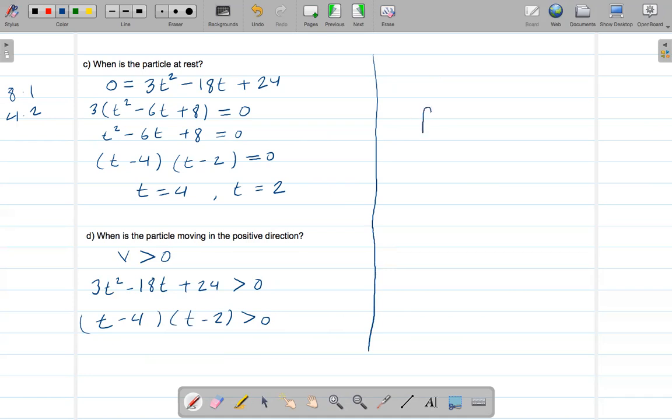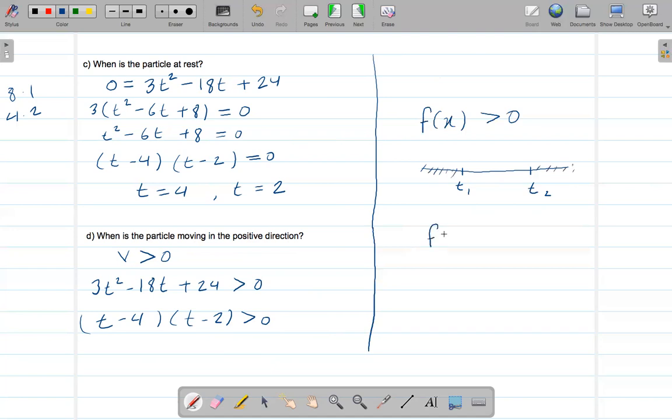When f of x is a quadratic function and f of x is greater than 0, with roots t1 and t2, the positive direction is going to be in the outer regions, to the left or to the right.